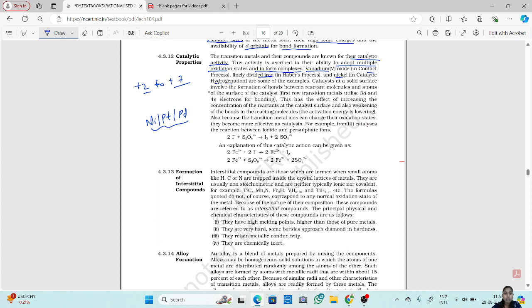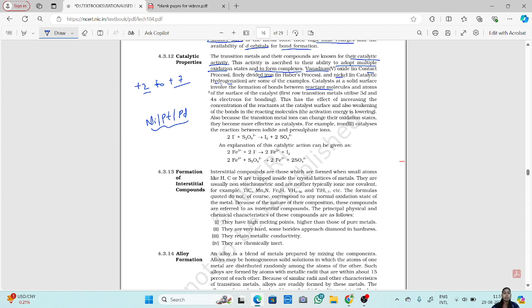Now, catalysis at a solid surface involves the formation of bonds between reactant molecules and atoms of the surface of the catalyst. If you add a solid catalyst to the reaction, it involves the formation of bonds between reactant molecules and atoms of the surface of the catalyst. Now, first row transition metals utilize d and 4s electrons for bonding.